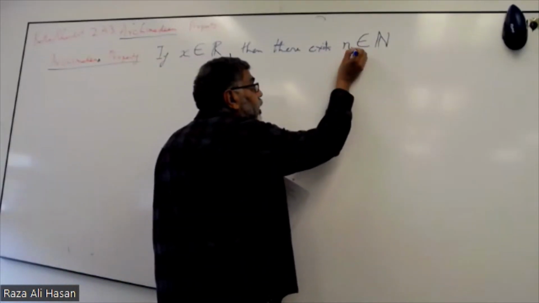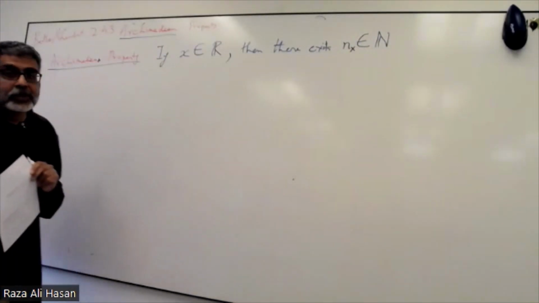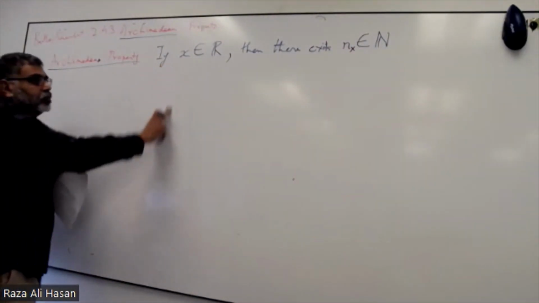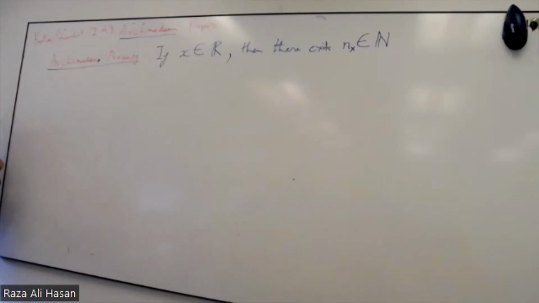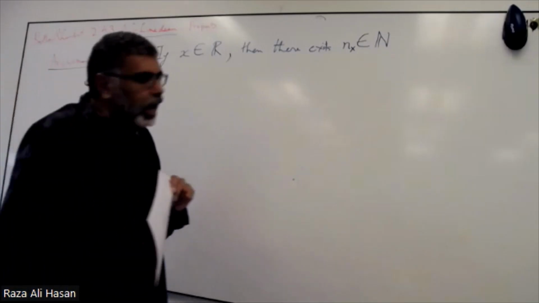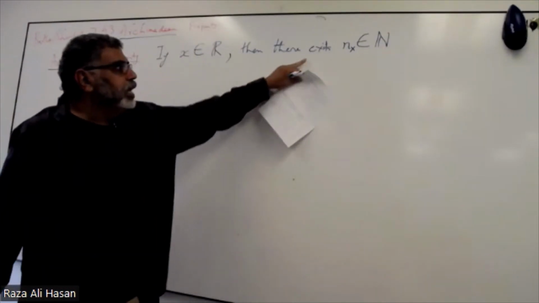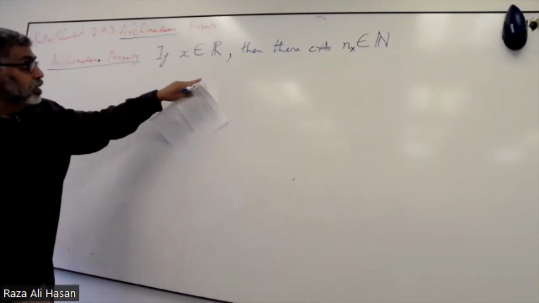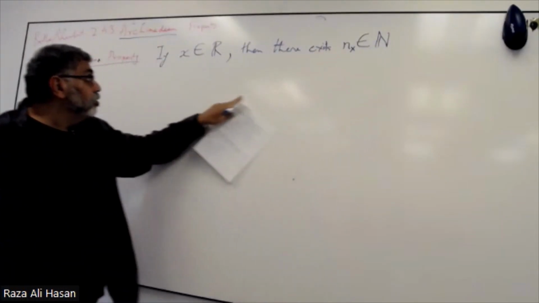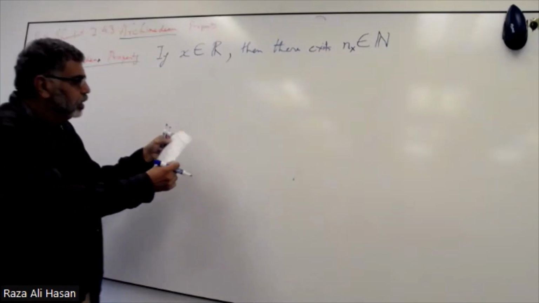We put it right here, little x. So this is a real number. This is a natural number. So the theorem is saying, if you hand me a real number, I can prove to you that there exists a natural number n that depends in its value on this real number.